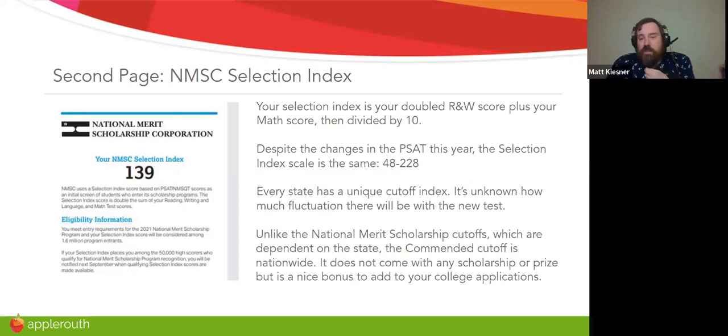So every state's going to have a unique cutoff. And we can look at prior years, but I think it's important to recognize that this is a new test. How they test reading and writing is significantly different. They've made some changes in math about giving Desmos, and how they phrase questions is different.